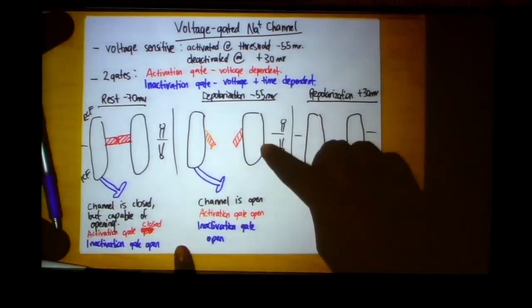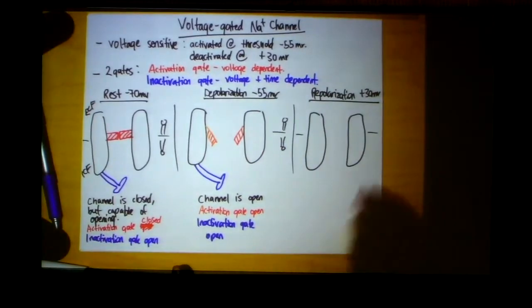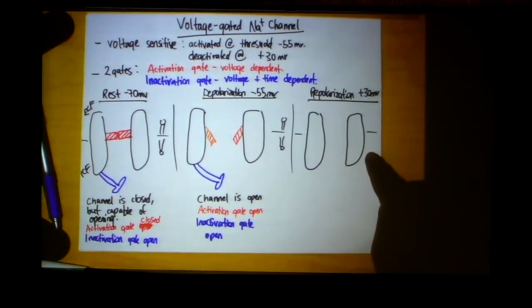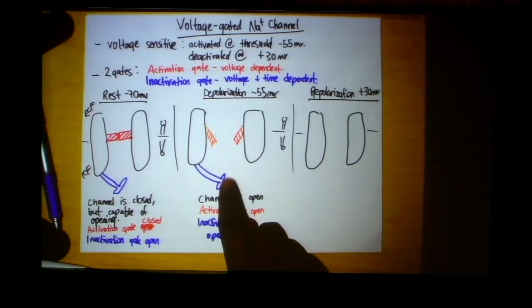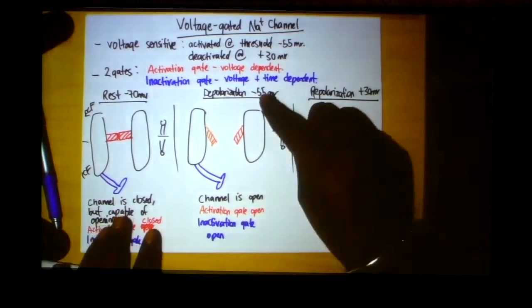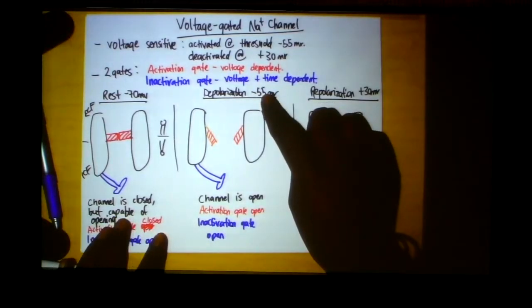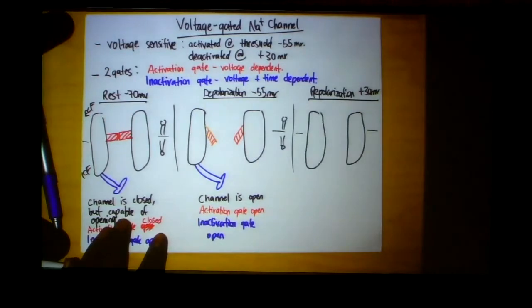So when we get to our positive 30 millivolts, right, the membrane begins to repolarize. What we have is a timed delayed response of this inactivation gate. So at negative 55 millivolts, there are two signals sent here.